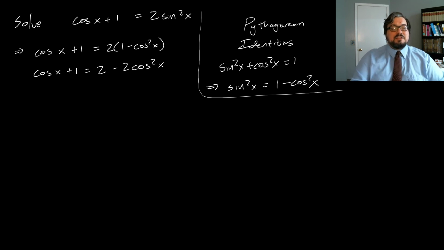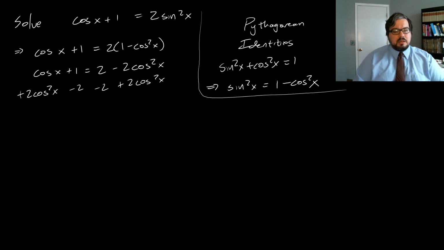And when that's the case, remember from algebra that the first thing you want to do is to get 0 on one side of your equation. So let's go ahead and add 2 cosine squared theta to both sides and subtract 2 from both sides. So moving everything over to the left, we'll get 2 cosine squared x plus cosine x minus 1 equals 0.